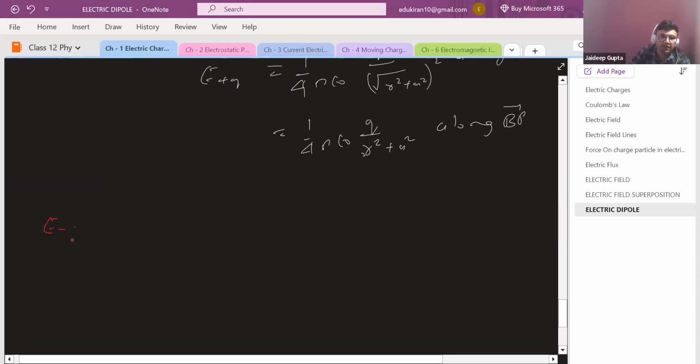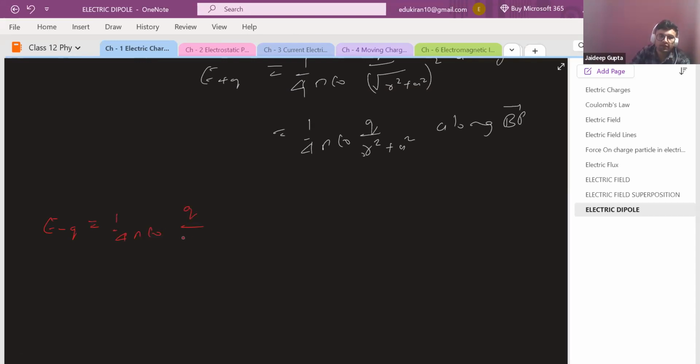Now, likewise, electric field due to negative charge, the magnitude will be same, but the direction will be changed, so along P to A. Is it okay, Iram?